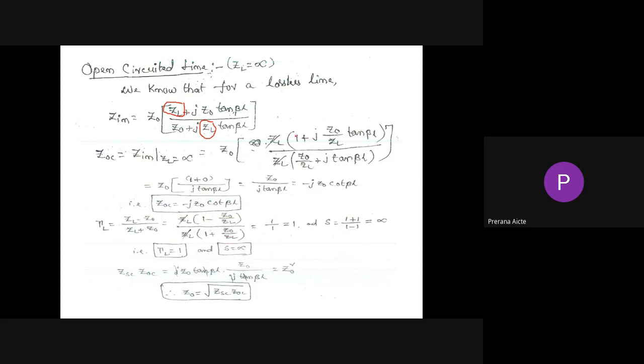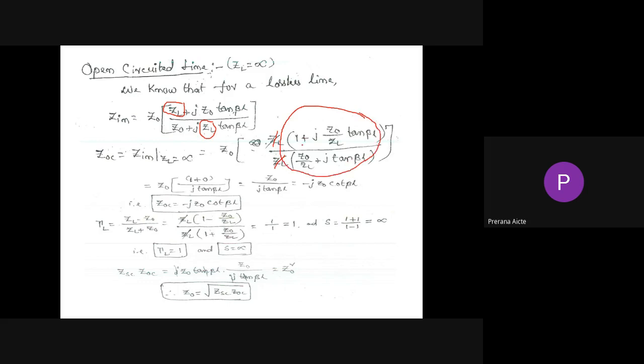It becomes 1 plus j into Z_0 divided by Z_L into tan βL, whole divided by, in the denominator also you can take Z_L common, so Z_0 by Z_L plus j into tan βL. Now Z_L cancels. Now you can substitute Z_L equal to infinity in this expression.